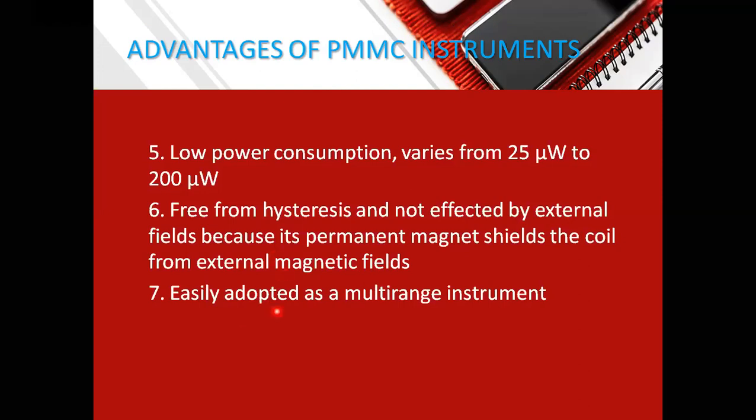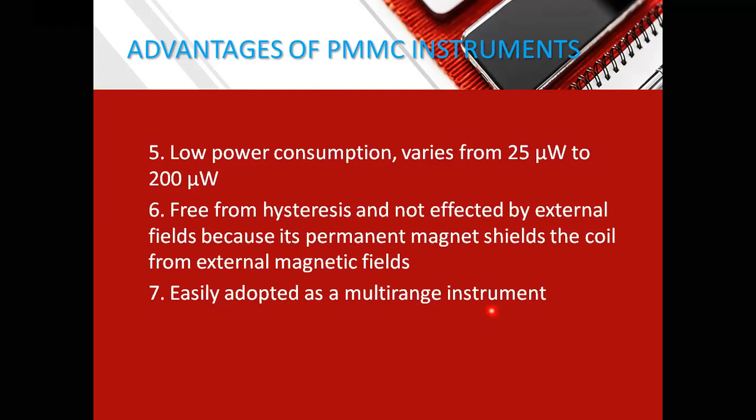And it is easily adopted as a multi-range instrument. We can adopt PMMC to a multi-range instrument easily. Let us try to understand what is the meaning of a multi-range instrument. You must have seen some instruments with three terminals.